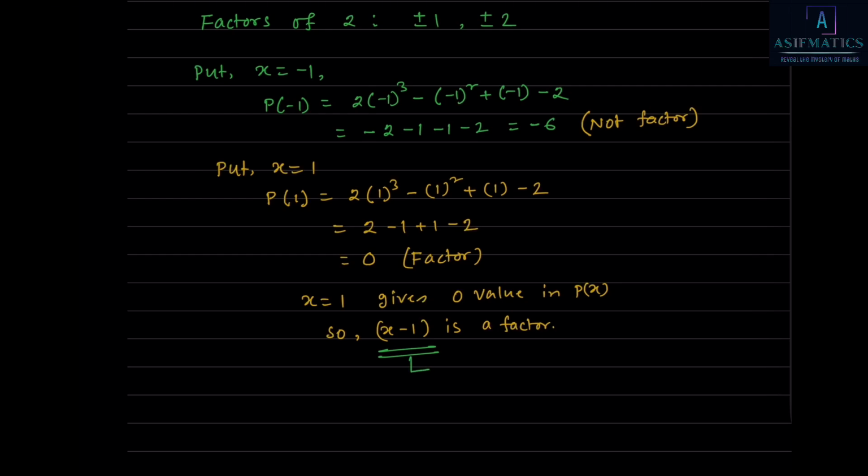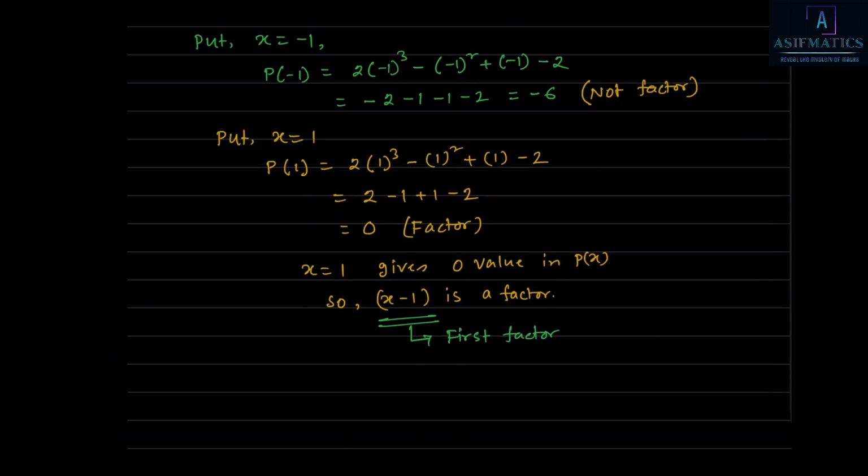Once you have this one as the first factor, now use either long division or equating coefficients. The rest of the part is the same as before, what you have done when you have one factor. Similar thing you have to do for this.